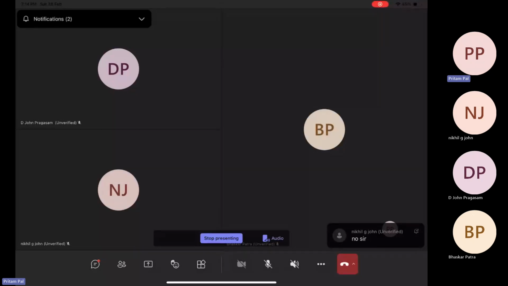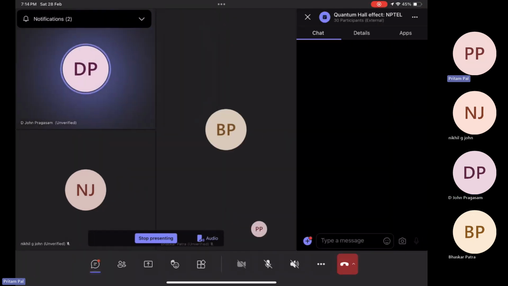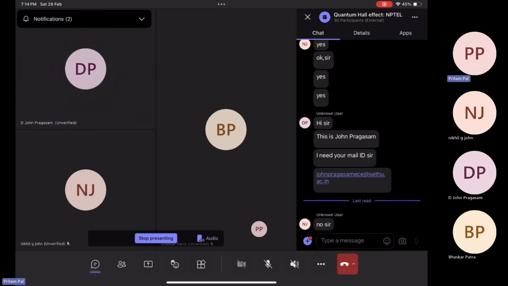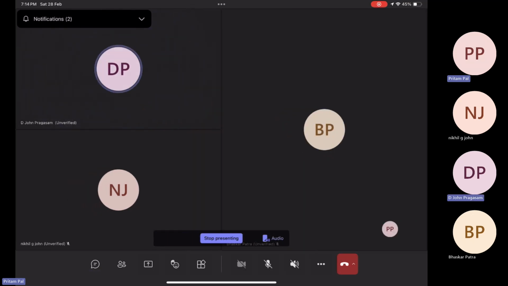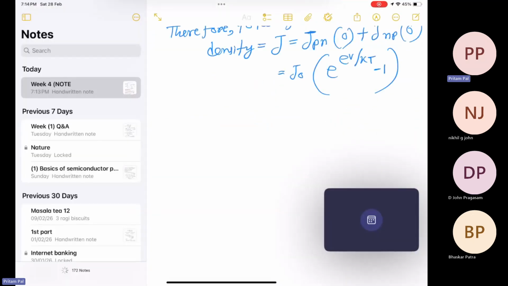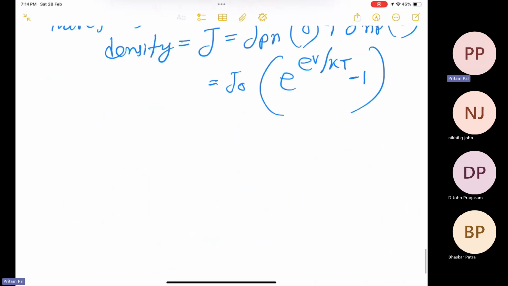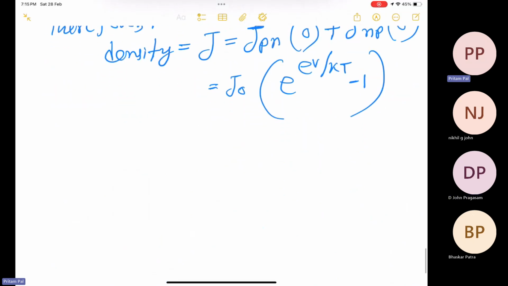It is just black. Yeah, I will email you after this, okay? I think right now it's visible, right? Visible, sir. Okay, thank you.